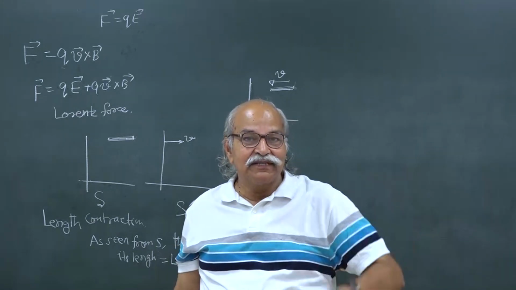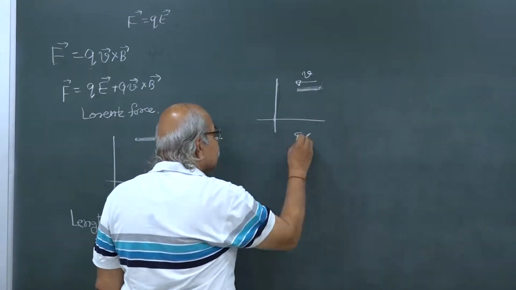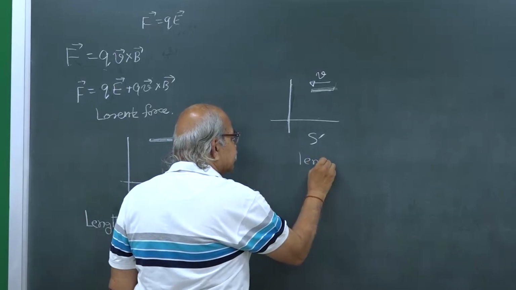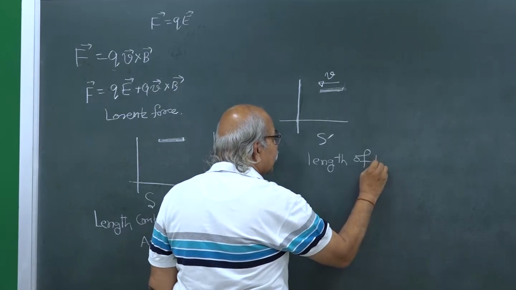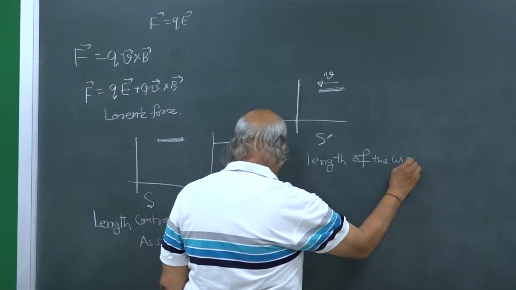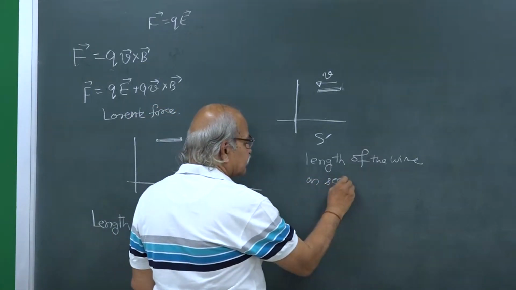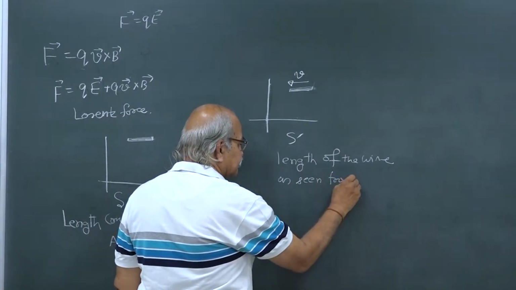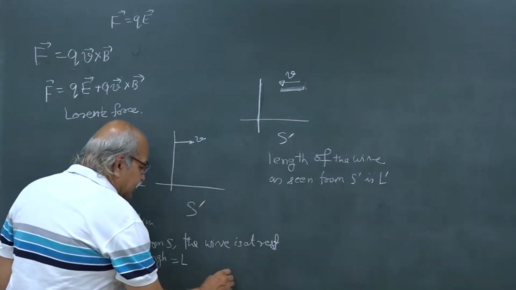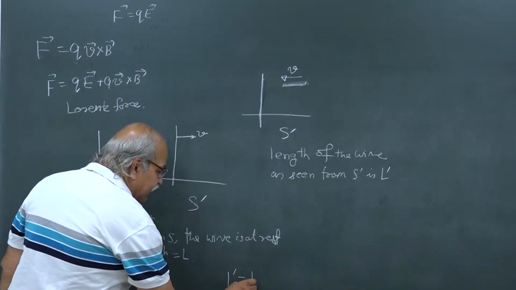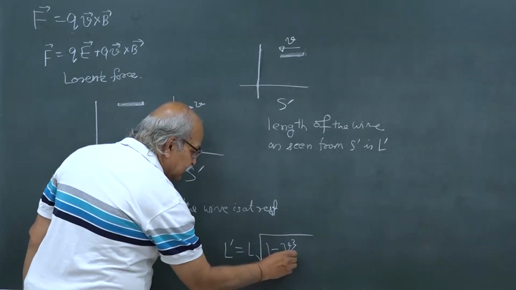It comes from the special theory of relativity: the length of the wire as seen from S prime is L prime, which is different, and the rule is that L prime is equal to L times the square root of 1 minus v square by c square.